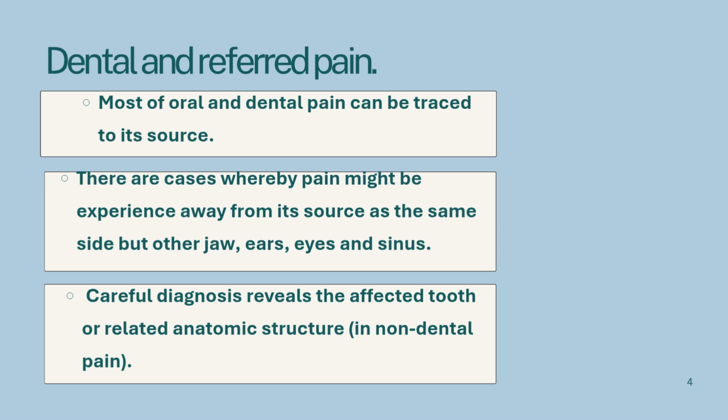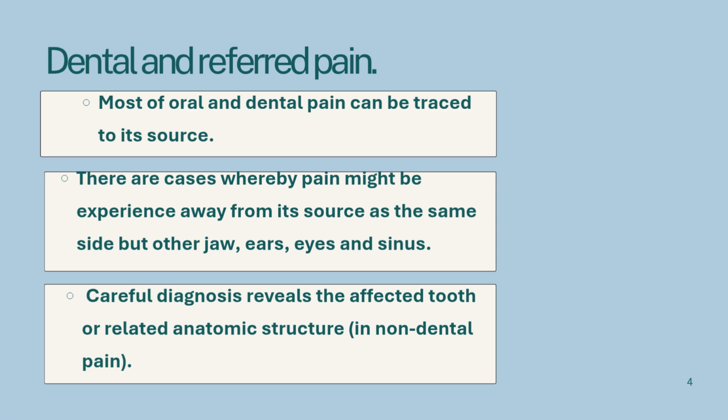Most oral and dental pain can usually be traced to its source if you did your assessment and diagnosis and used radiographs, but in some cases you have referred pain, especially if the patient experiences pain away from the side, maybe in the other jaw, or in the ears or eyes, or sinus if the patient has sinusitis.